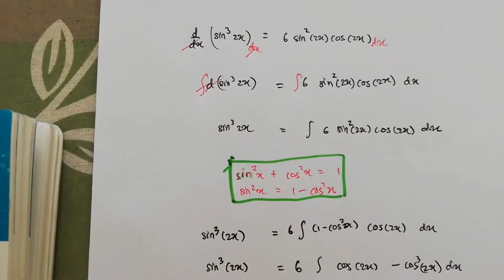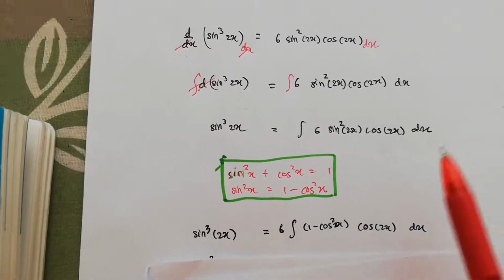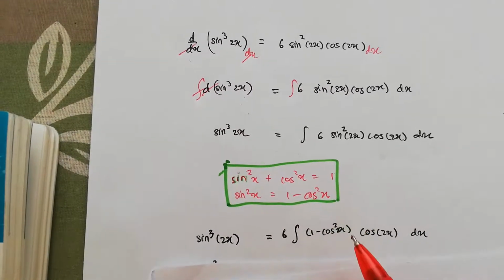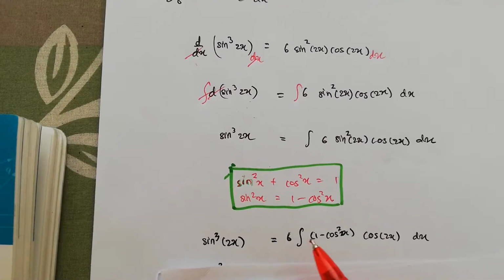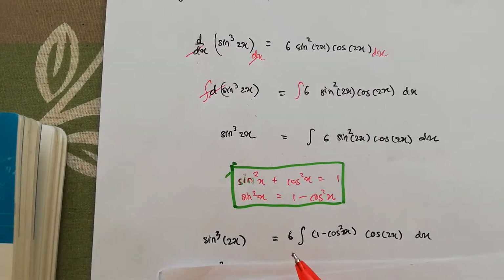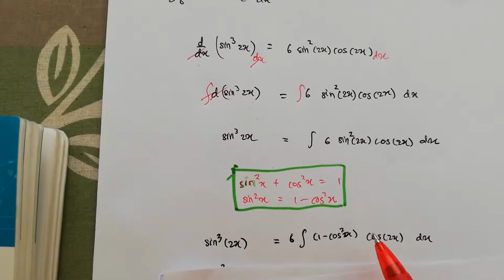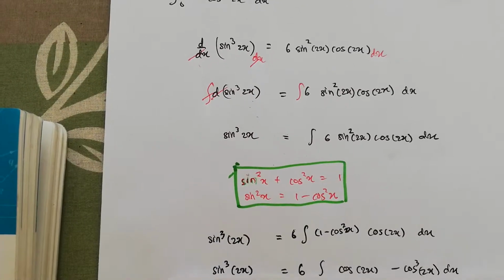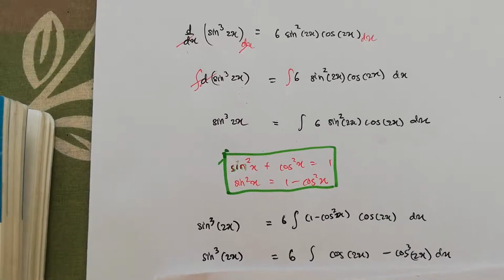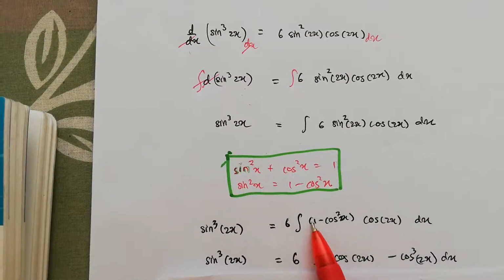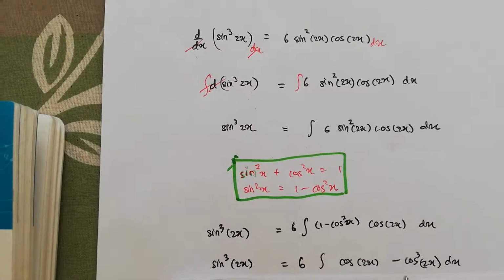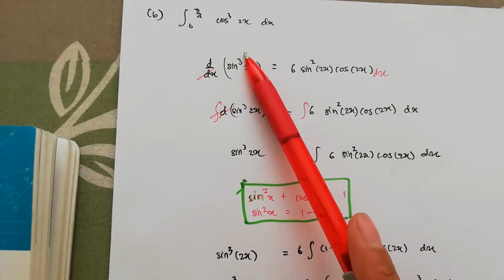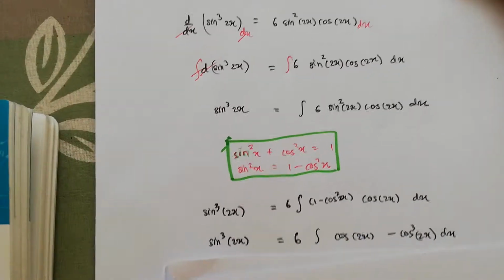So I change square of sine to 1 minus square of cosine. Then I take out the 6 because I don't want that, and expand inside. You get cosine 2x and cube of cosine 2x. See, this is what we want, or closer already.